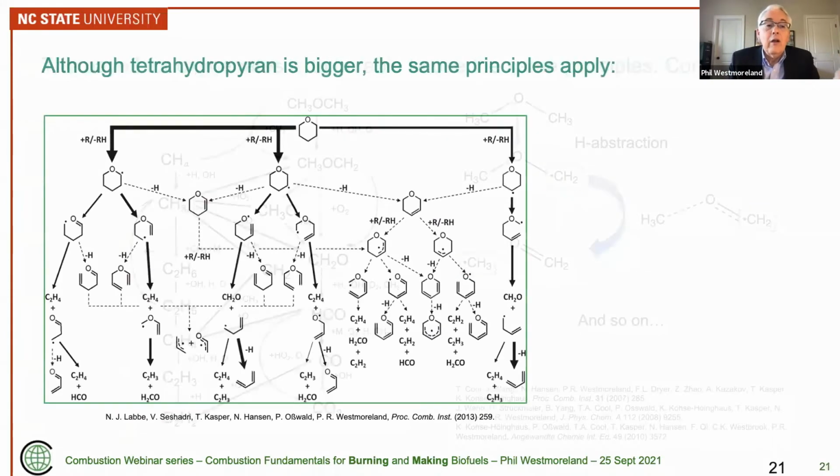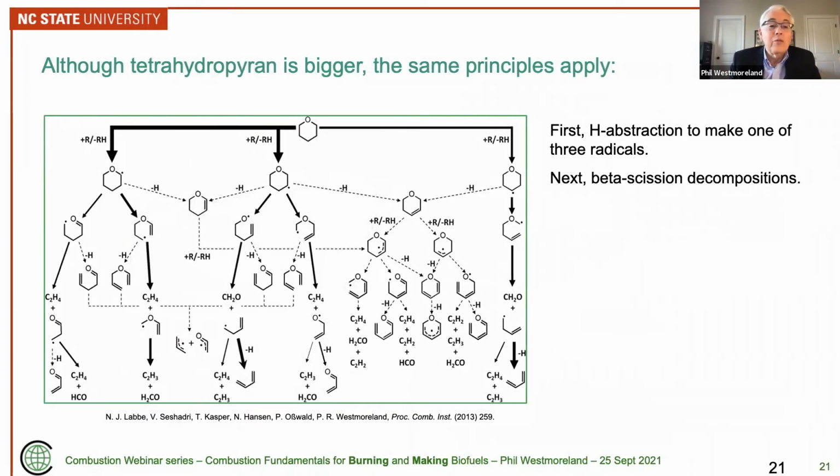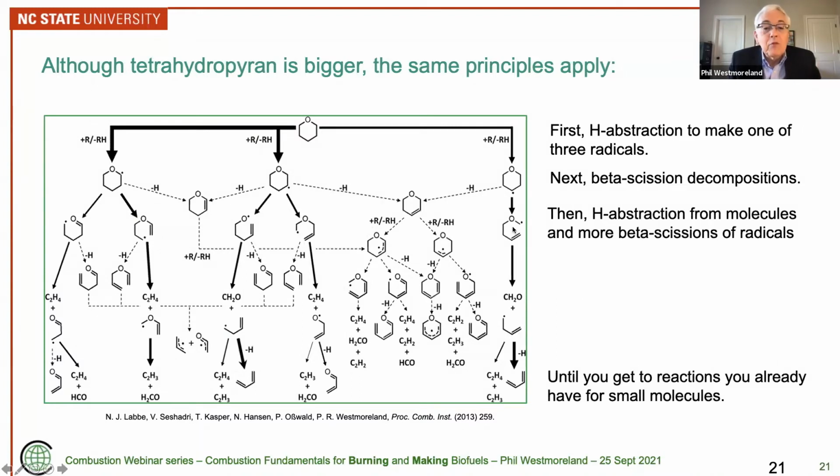Even though tetrahydrofuran is a lot bigger, it's the same principles. We can do an abstraction, then we get beta scission of the radicals that are formed, either to kick out a hydrogen to make ring species or opening up the ring, and more abstractions, more beta scissions, and then you get to small molecules that you can follow with.